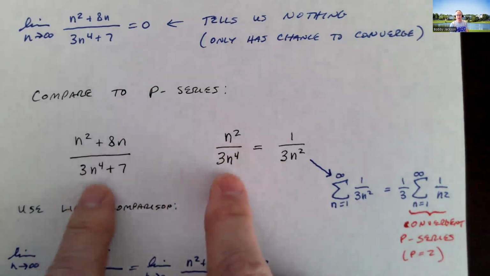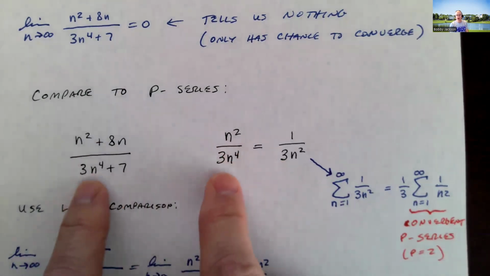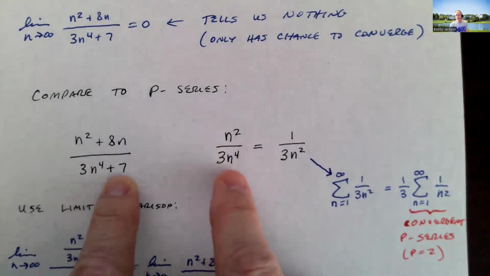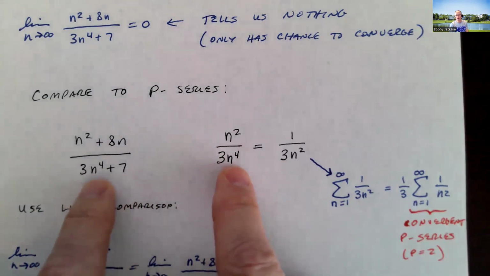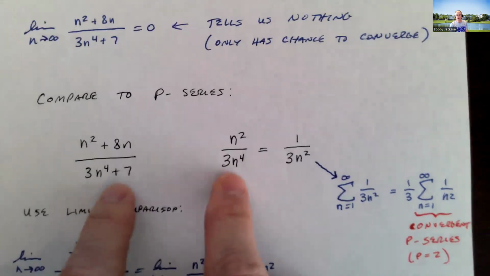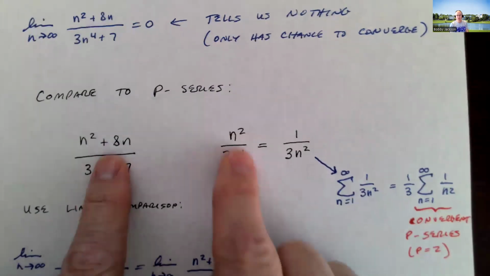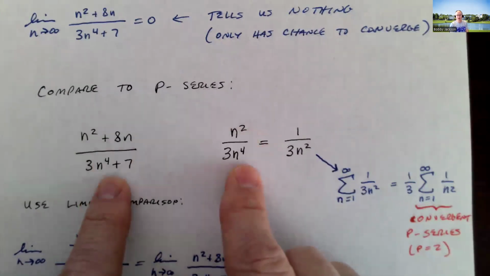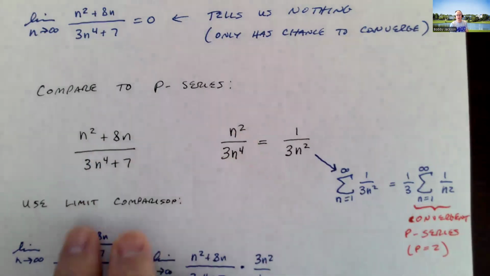But the denominator here has a plus 7, which makes the fraction over here a little bit smaller. So instead of doing a direct comparison, we will go right to a limit comparison.